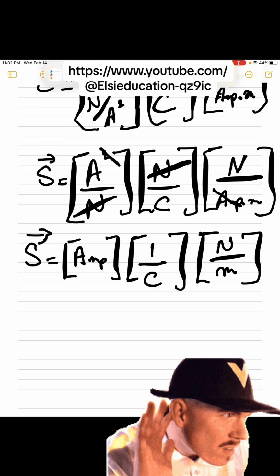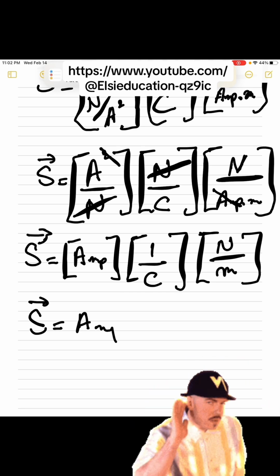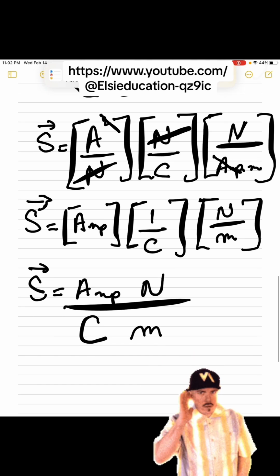Now we can write it as amp Newton divided by Coulomb meter.